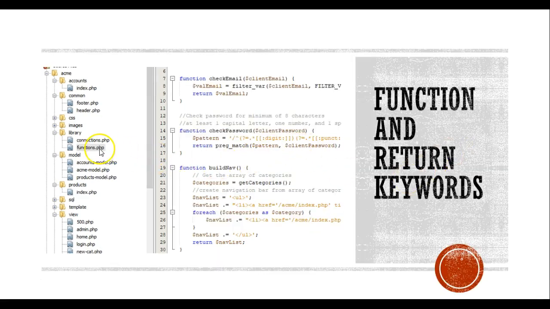For example, here we have functions.php. We built the build nav, in which we are trying to build a navigation bar. And this function here, it's like getting the categories. So if you'll notice here, there's get categories function being called inside this function. So it's like we don't have to type in that function again or type in all the code here.